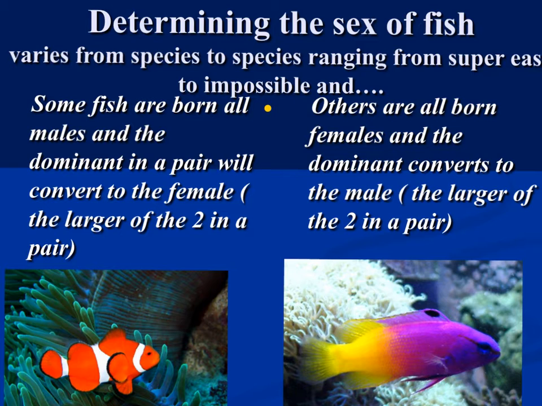So how do we determine the sex of the fish? Well, it's really going to vary from species to species, and sometimes it's impossible to tell. Some fish are born as males. Now, if we look at our beautiful clownfish over here, all of our clownfish are born as males. And then when you have a grouping of clownfish, look for the largest fish. The largest clownfish is the dominant fish, and that's the female.